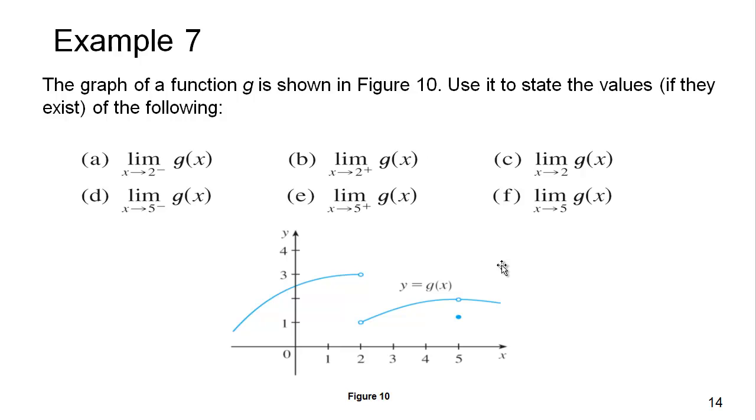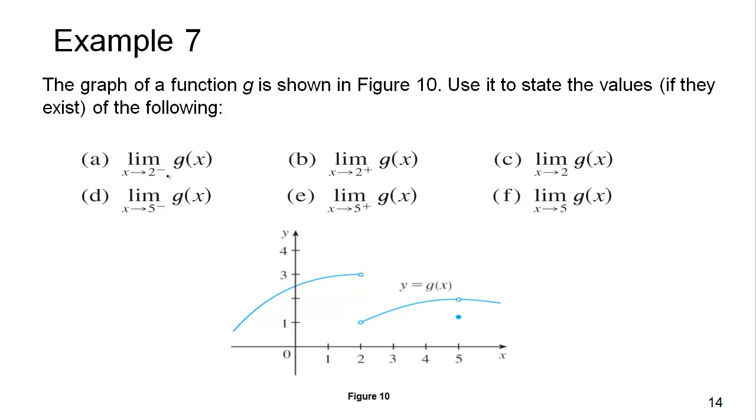All right, let's look at a visual example because this really helps drive it home. So here's some weird looking function, right, with all sorts of holes and gaps? It's got a step where it changes and where it's not defined, and all sorts of weird stuff is going on. And we're going to try and figure out which of these limits exist. Okay, so let's take a look at the first one. If we take the limit as this function approaches 2 from below, that's what this means, right?